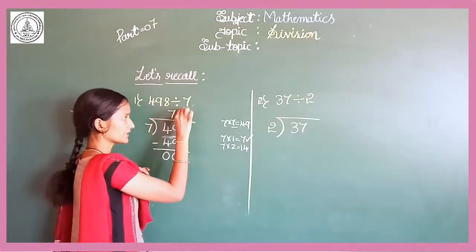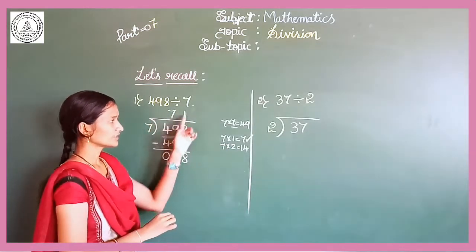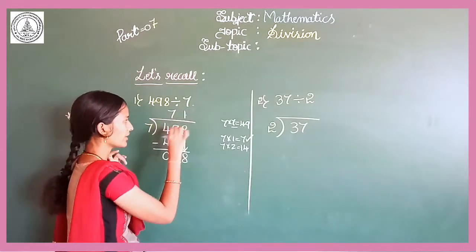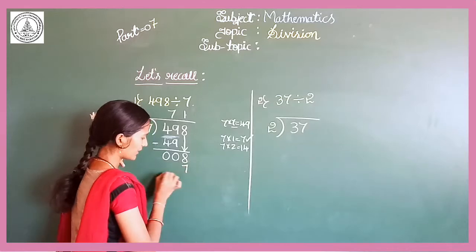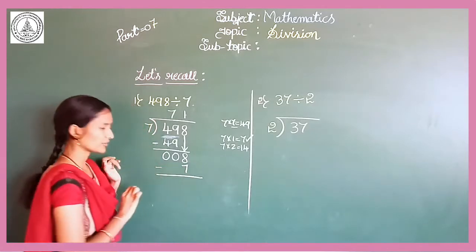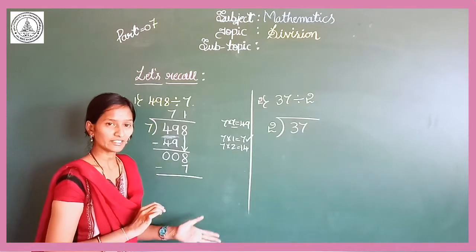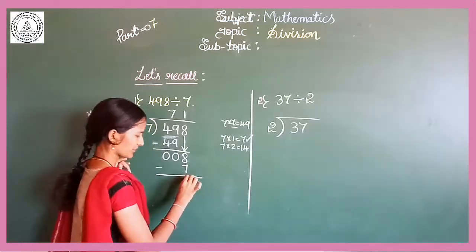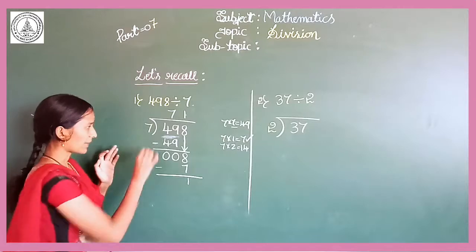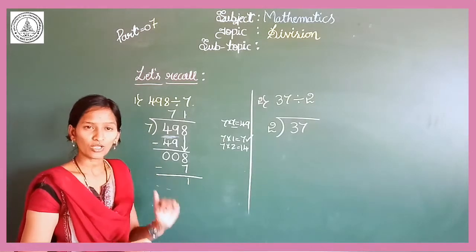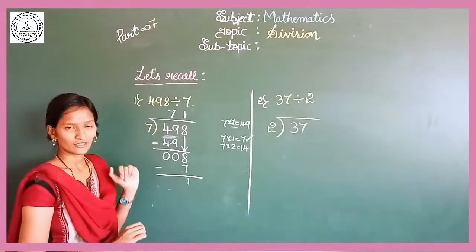So now I am writing this 1 above this 8 and multiplying these two numbers: 7 into 1, 7 1s are 7. Once again you have to subtract. 8 minus 7 is 1. Next compare these two numbers, 7 and 1. 1 is a small number compared to 7, right?